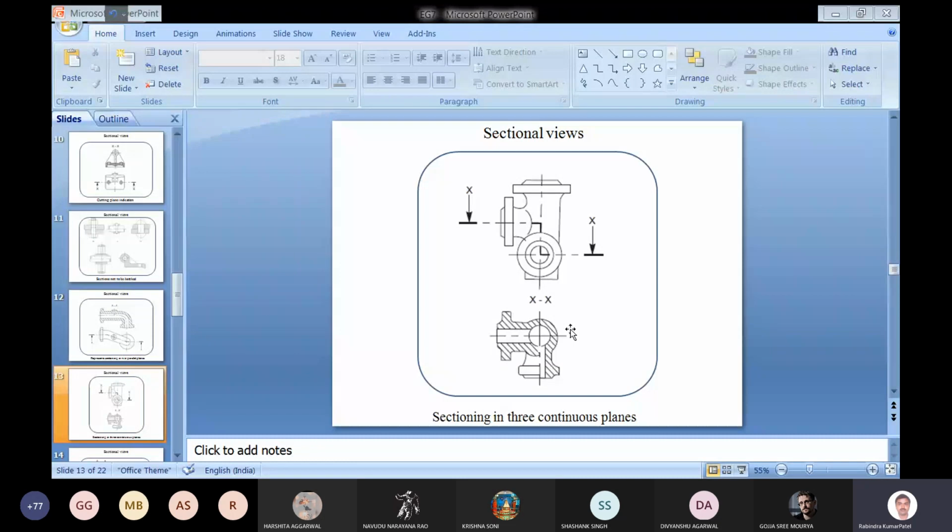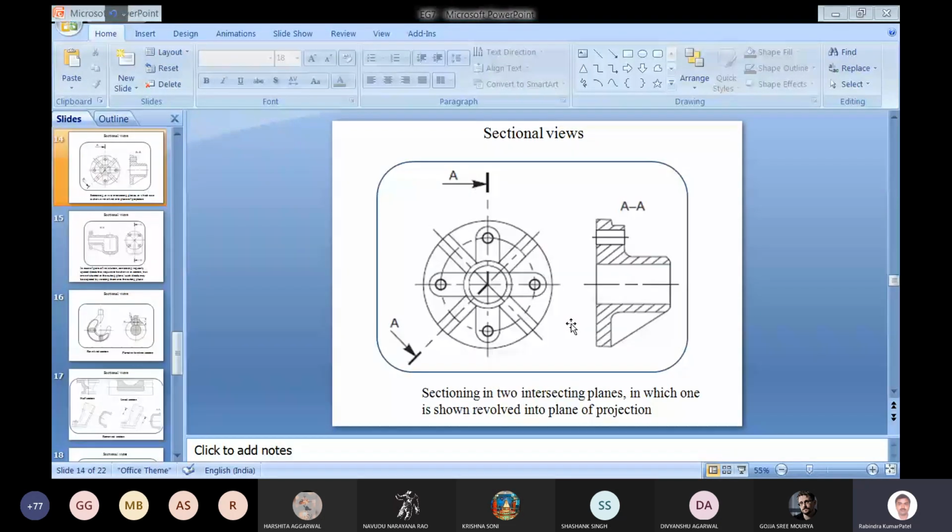Although they are a little bit complicated objects, one thing I wanted to show is the thin parts. Here we can see there is a thin part. Cutting plane is passing from here, another cutting plane is passing from here.